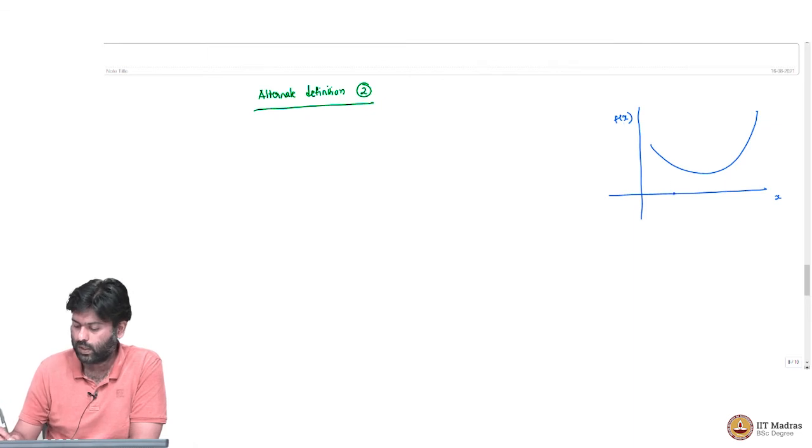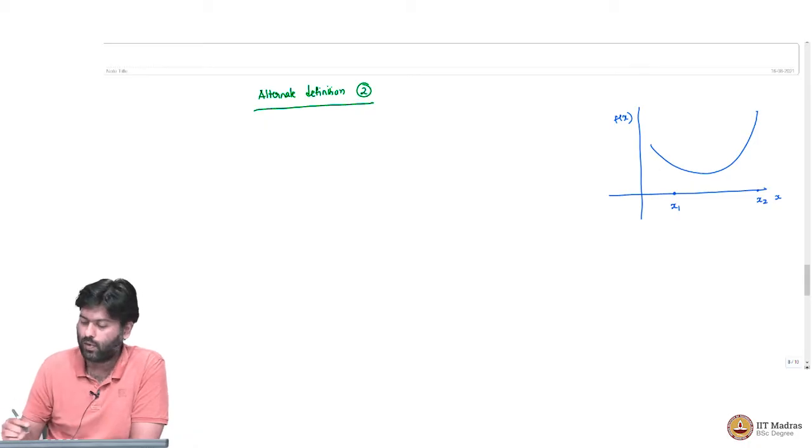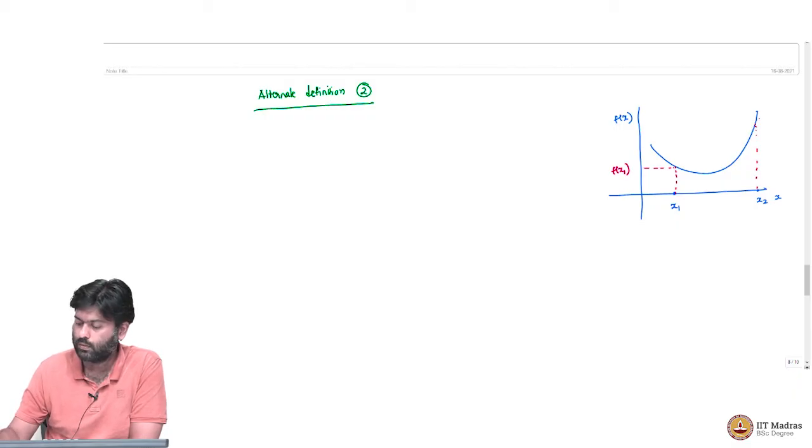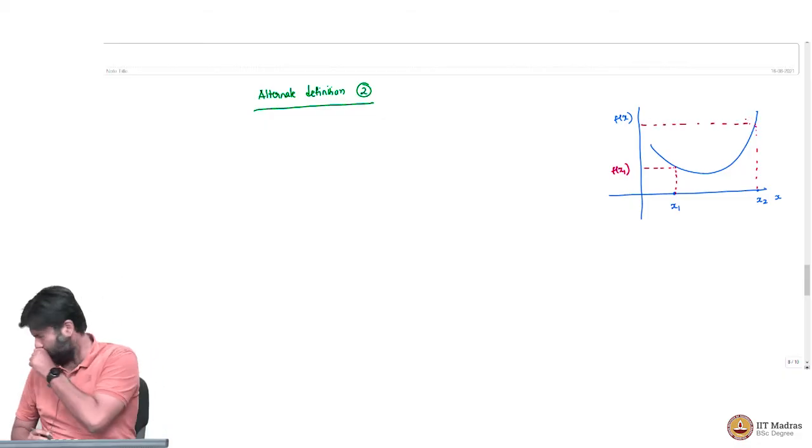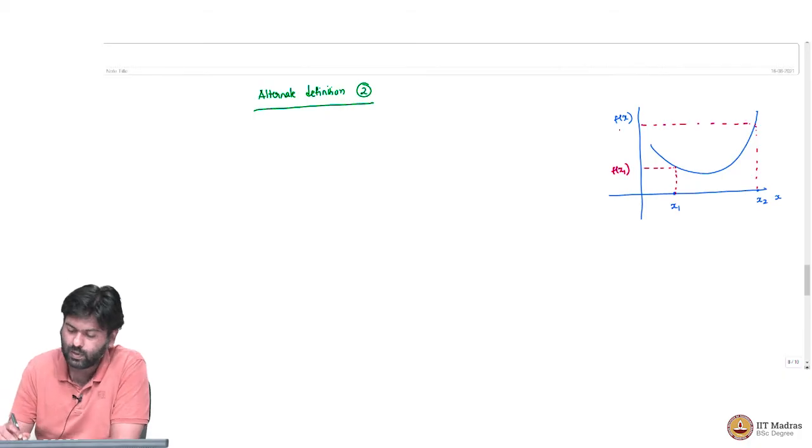Well, let me take 2 points x1 and x2 and see where their function evaluations are, right. So, this is f of x1, and excuse me, this is f of x2.